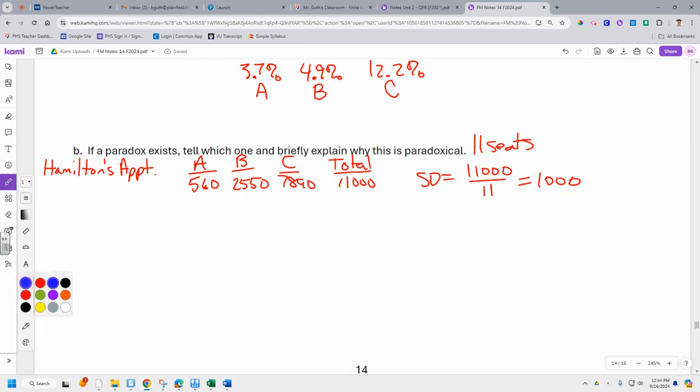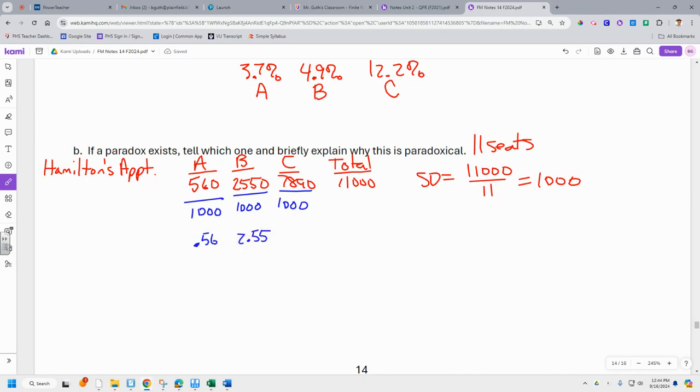Let's divide by that standard divisor. And we get 0.56, 2.55, 7.89. We're doing Hamilton's again, so we round down. That's 0, that's 2, that's 7.